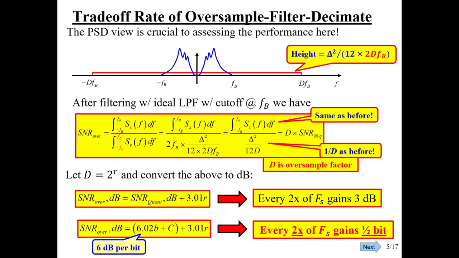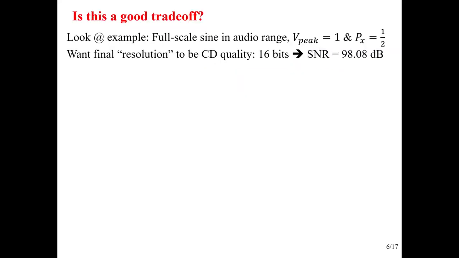But now, since that's 6 dB per bit, this gain looks like 3 versus 6. That's what I would get for half a bit. So a doubling of Fs corresponds to just adding a half a bit to my effective number of bits. Not a very good gain. Every doubling of Fs gains me just a half bit of performance. So my claim is that's not a good trade-off.